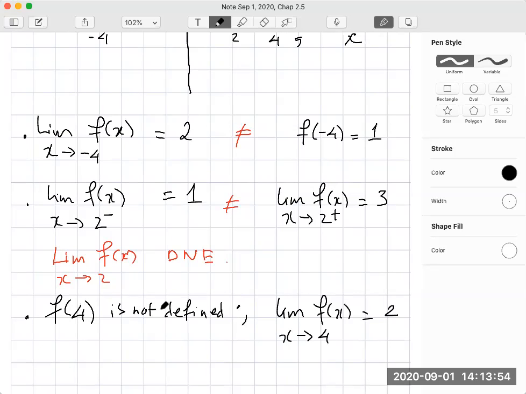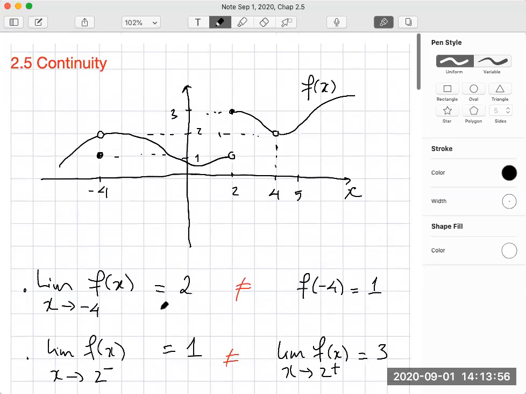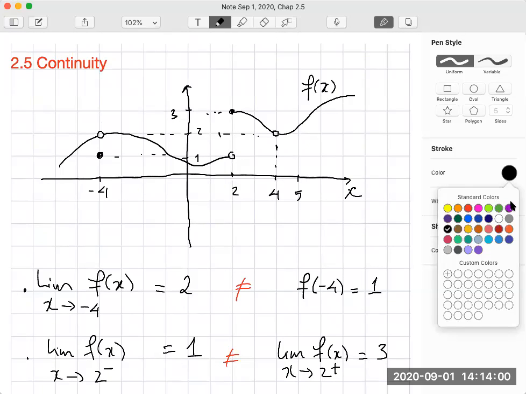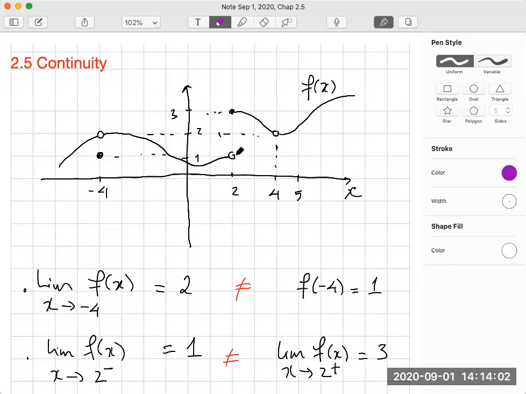So be careful. So these points are not good.